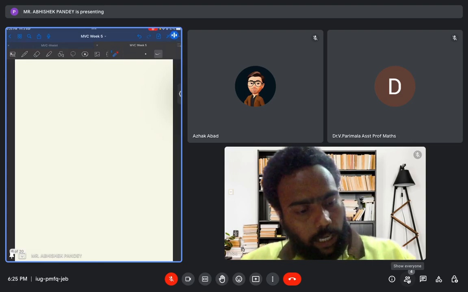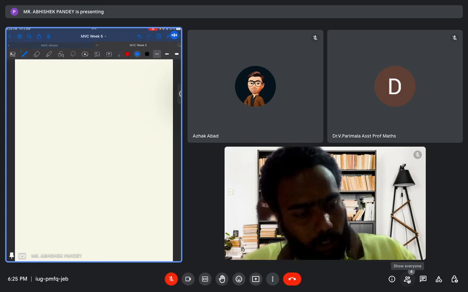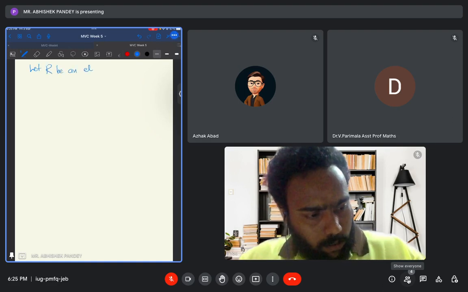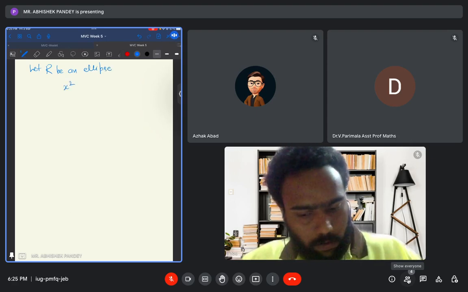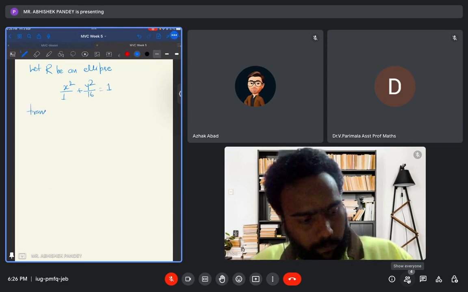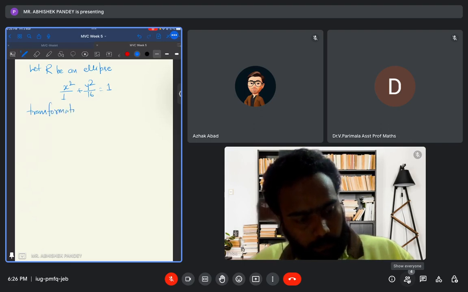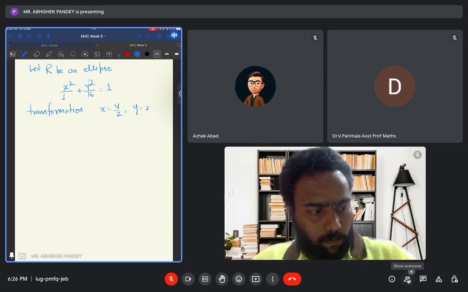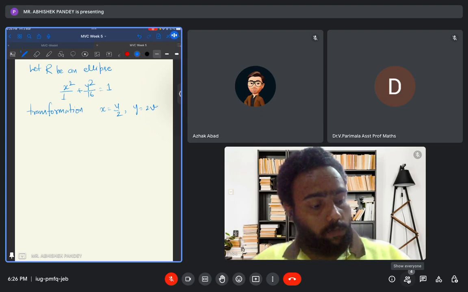Suppose let R be an ellipse, x square upon 1 plus y square upon 16 equals 1, and the transformation is x equals u by 2 and y equals 2v.